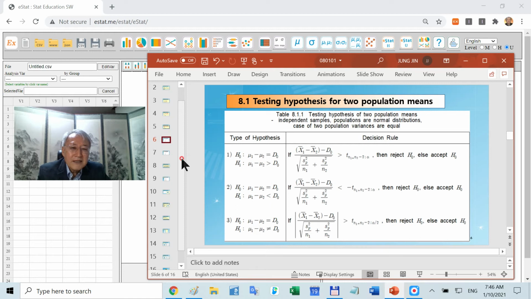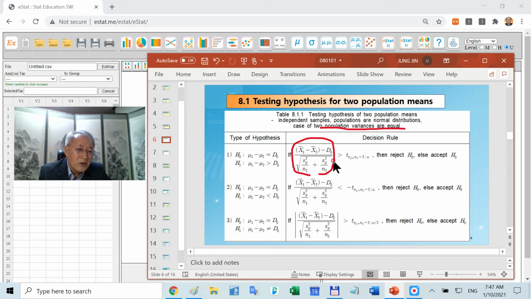If I summarize this finding, for testing hypothesis when population variances can be assumed the same, we use this test statistic. If H0 is true, it is conservative decision making. If H0 is true, then mu1 minus mu2 equals 0.